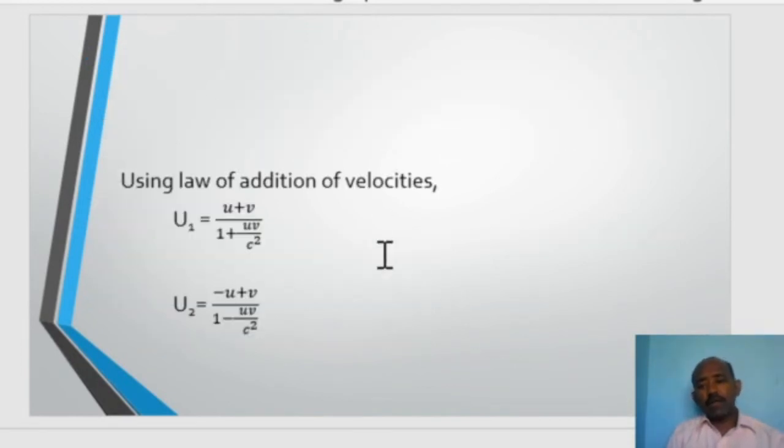Using the law of addition of velocities, we can say that u1 is equal to u plus v by 1 plus uv by c square, for the velocity of the body having the mass m1. For the body which has the mass m2, the velocity u2 is equal to minus u, and here also we get the minus sign itself.